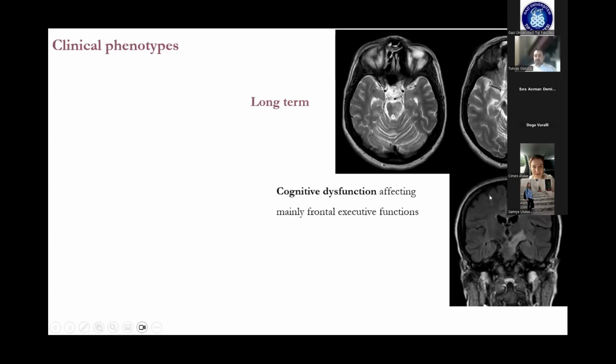So you see dysfunction at both areas, which is called diaschisis. But this has not been proven yet, but we will work on that.